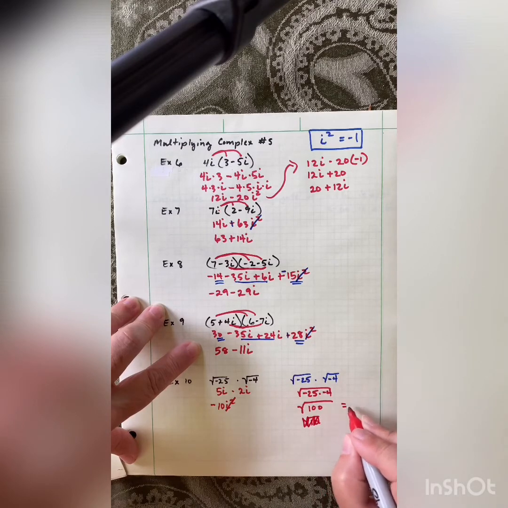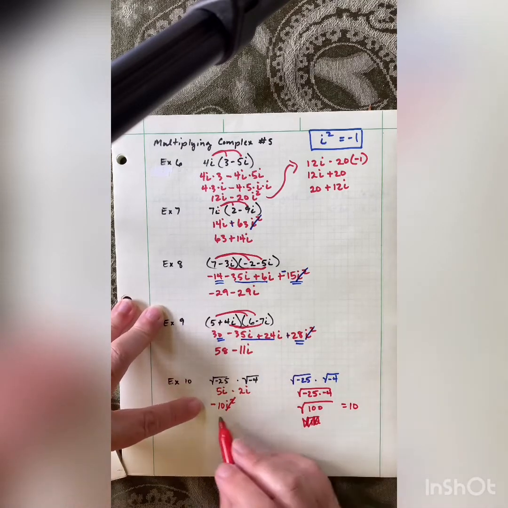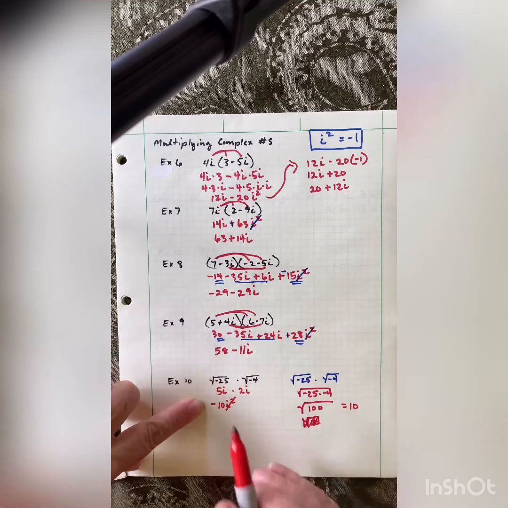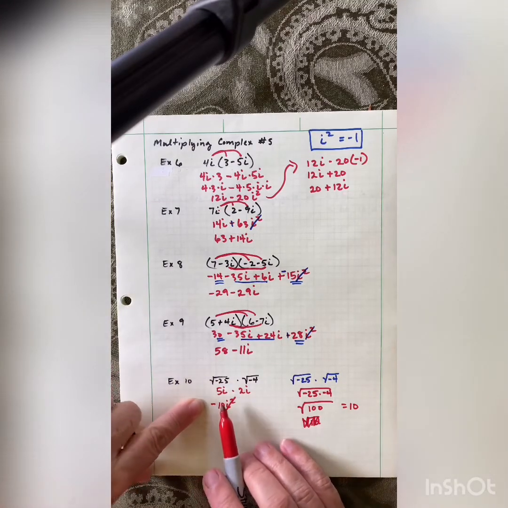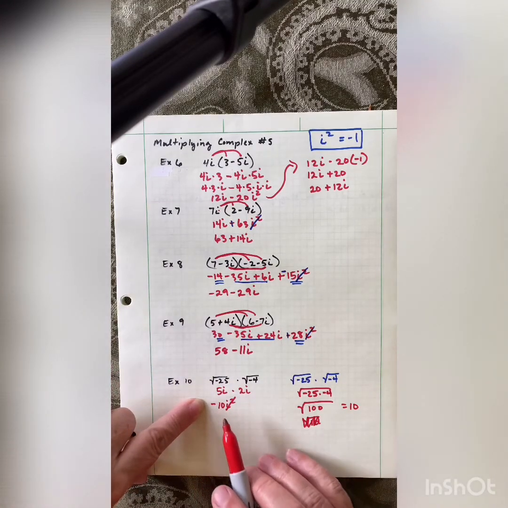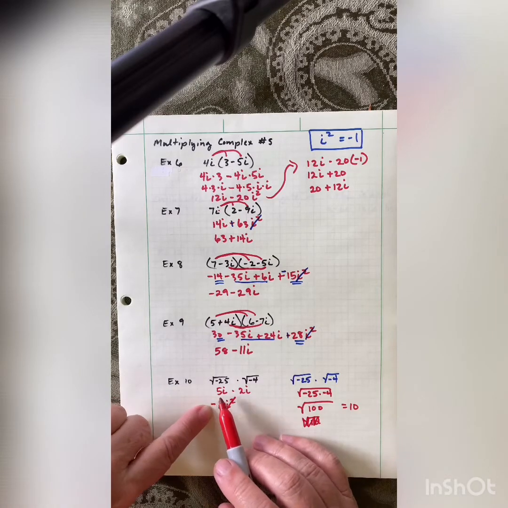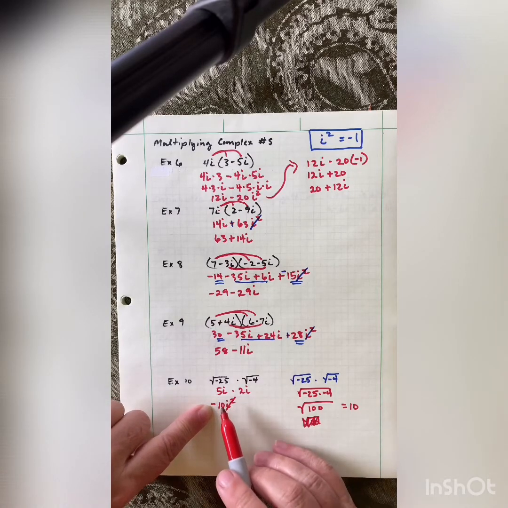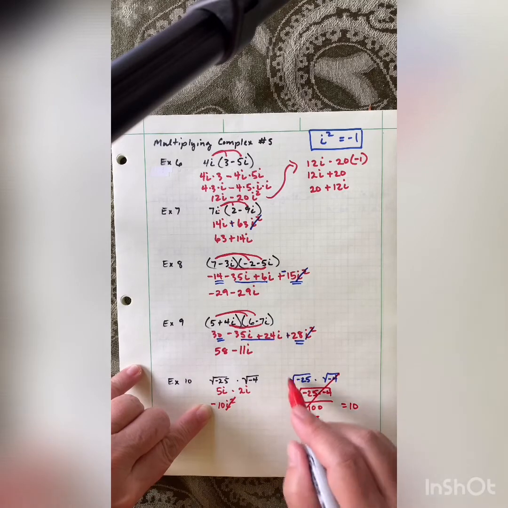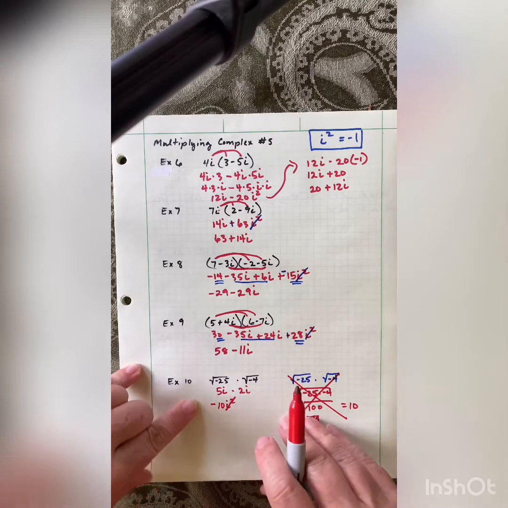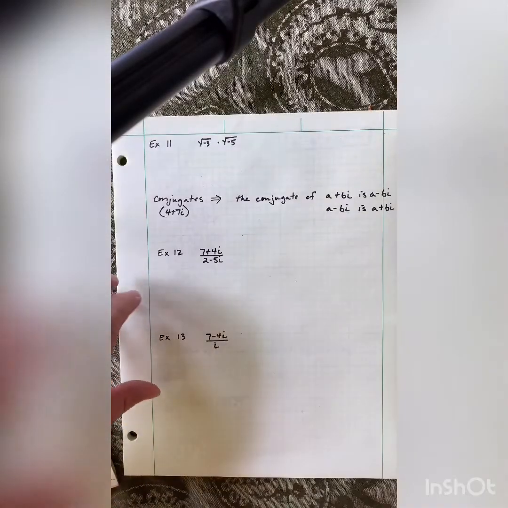Square root of 100 is 10. Notice you got a different answer here. So to make sure everyone gets the right answer, we need to express it in terms of i first, okay? You cannot do this here. It needs to be expressed in terms of i first.